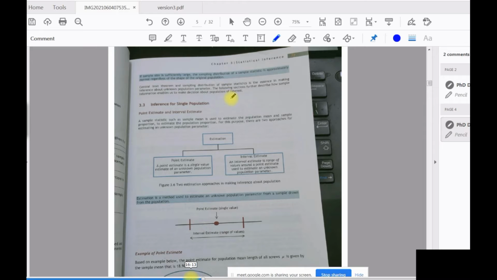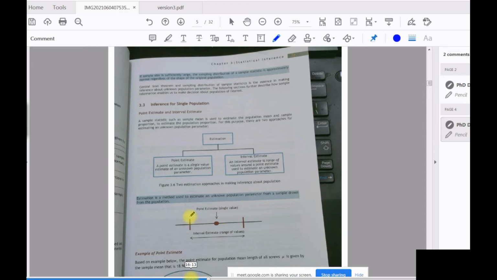So we have only one population. We have point estimation and interval estimation. Point estimation uses a single value to estimate the unknown population parameter. The parameter is from the original population. Interval means interval. So it does not have one point, it has a range of values.